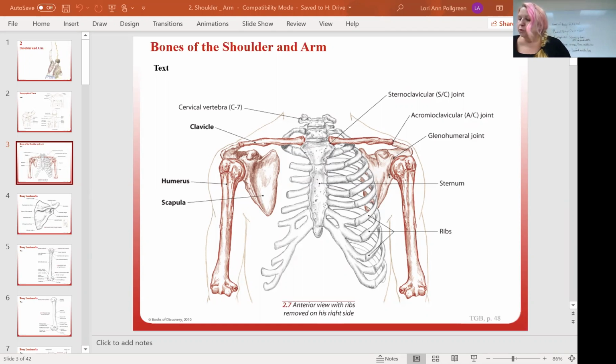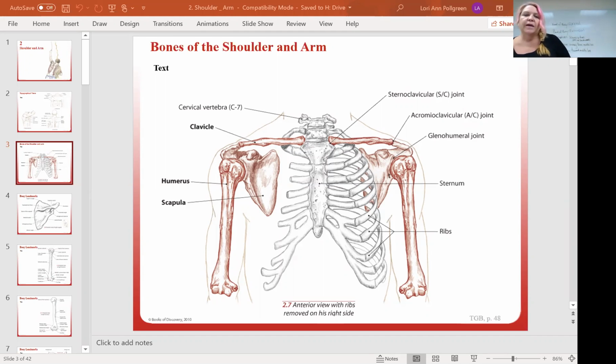And then number 2 is the clavicle. And then number 3, we have the acromioclavicular joint. So we have a bony landmark coming up off of our scapula called the acromion. And that acromion is where the clavicle meets. So it is the acromioclavicular joint where the acromion process and the clavicle come together, also known as the AC joint.